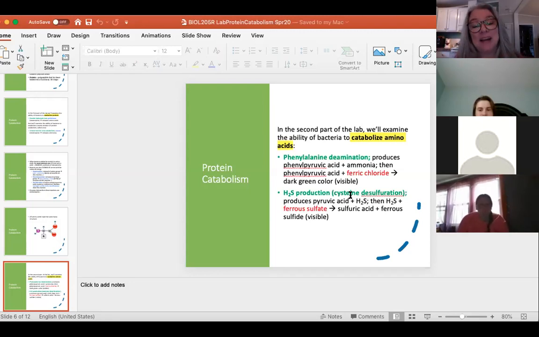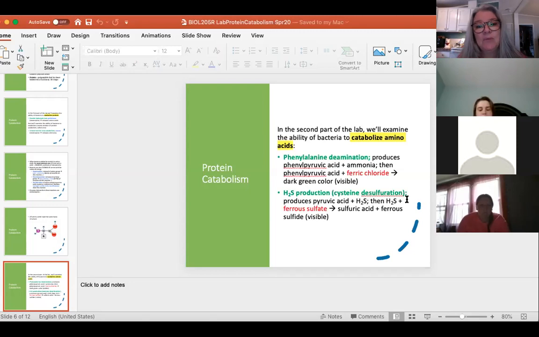And remember, pyruvic acid is just what we've been calling pyruvate. So this is the same molecule that we talk about when we talk about cellular respiration, pyruvate. So during hydrogen sulfide production, during the desulfuration of cysteine, some pyruvate will be made, and some hydrogen sulfide will be made.